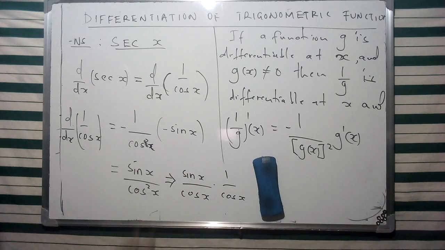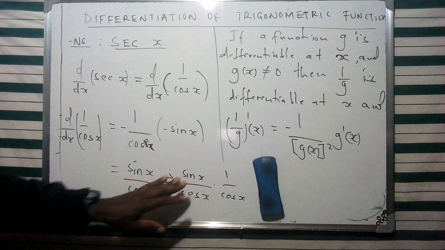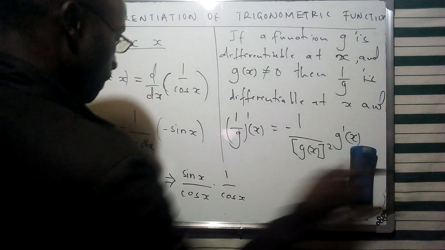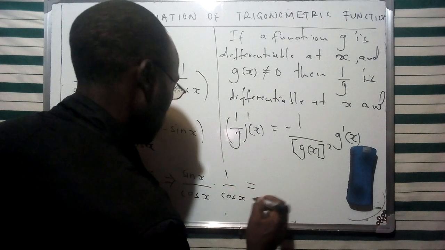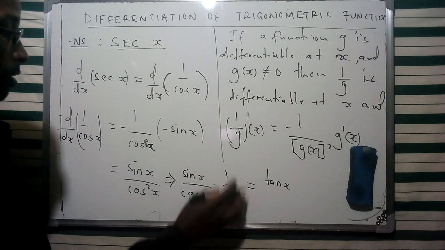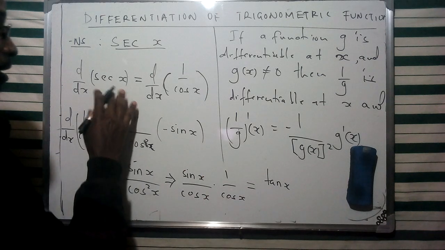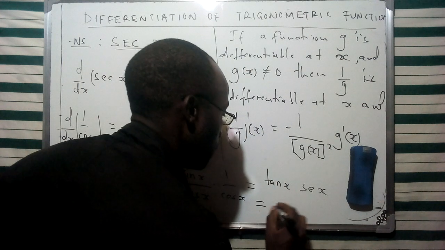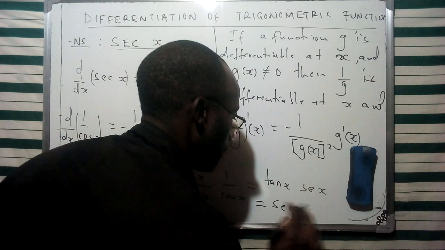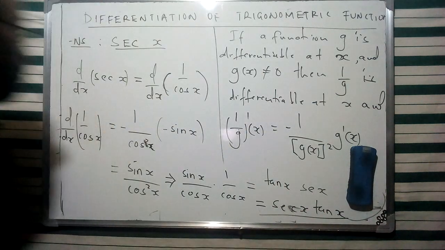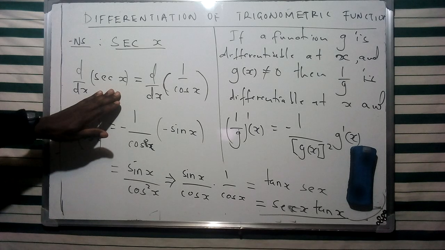From our representation, sine of x over cosine of x represents the tangent of x, and 1 over the cosine of x represents sec of x. So we can give this answer as sec x tan x, which is the derivative d over dx of sec x.